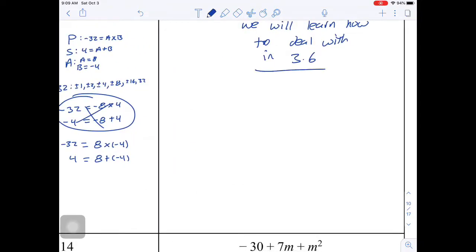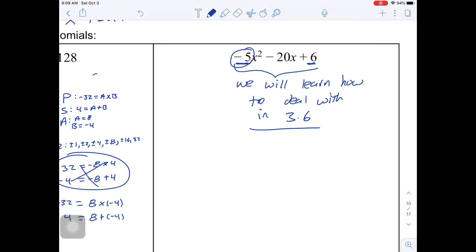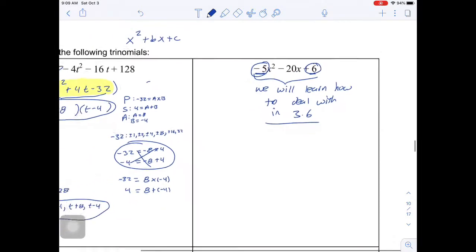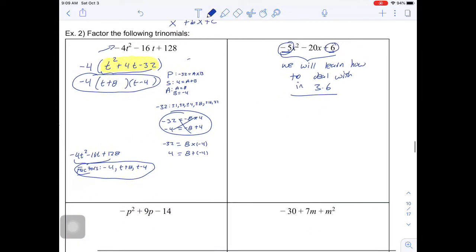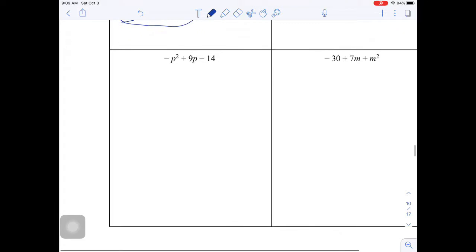So it's not impossible to factor this, but at the moment, can we take negative 5 out of 6 very nicely? Not really. So at the moment, you can't do too much because you can't divide negative 5 out by everything, okay? Let's move down here.